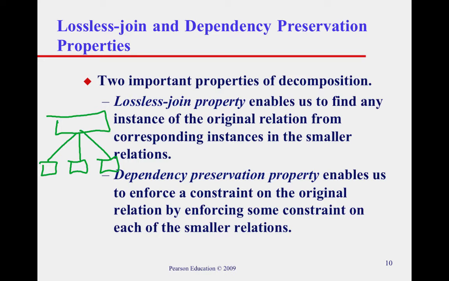First of all, the lossless join property says that we can join these 3 relations, I'll call them R1, R2, and R3, back to get the original relation. So it must be the case that you can join R1 with R2 with R3, and you will get the original relation back. That's the lossless join property.